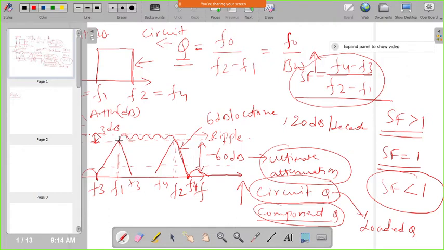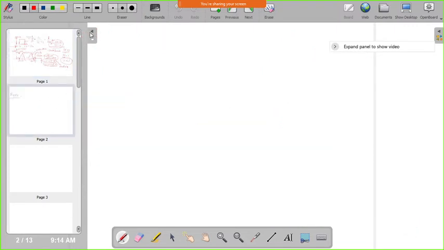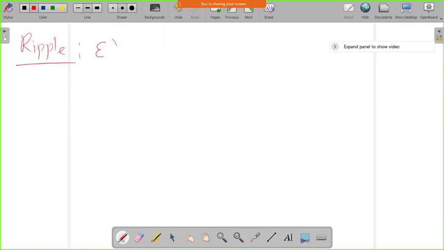So it is a measure of the flatness of the frequency response of the resonant circuit in the passband. That is what we call ripple. We can even define ripple with the symbol epsilon. It is a measure of the maximum attenuation minus the minimum attenuation.